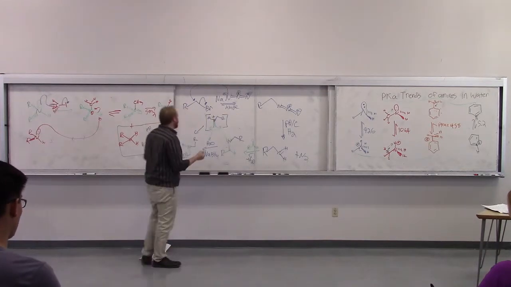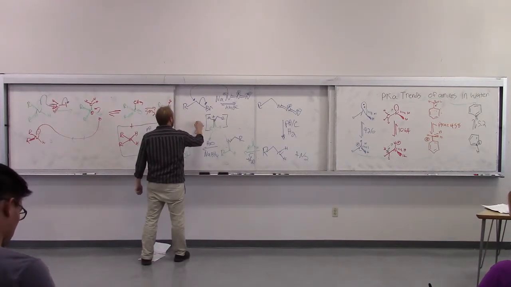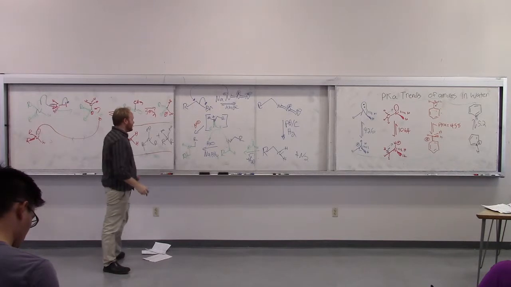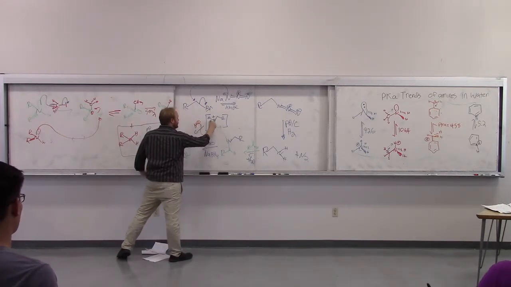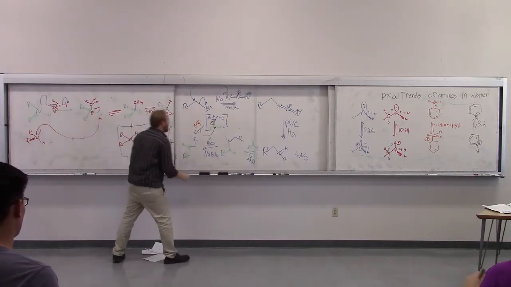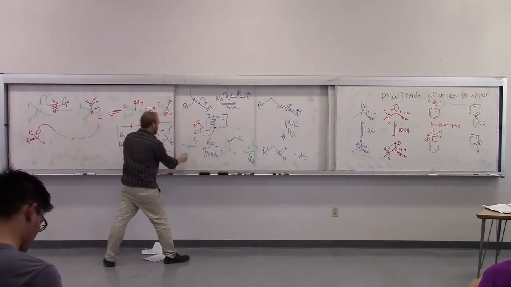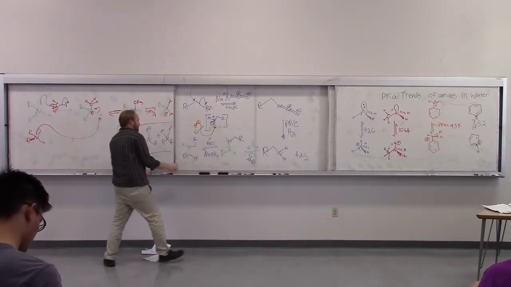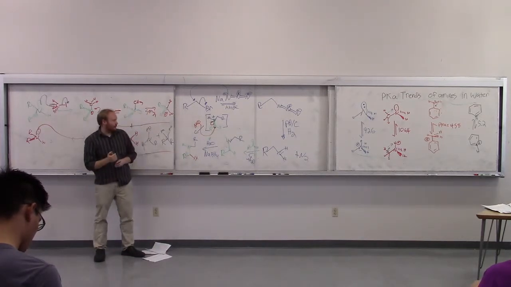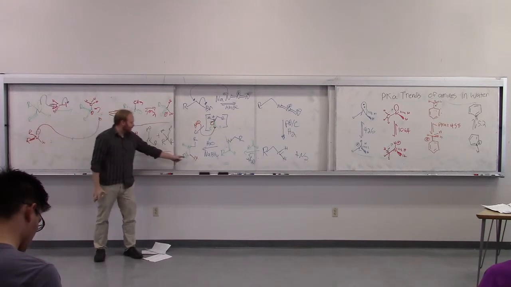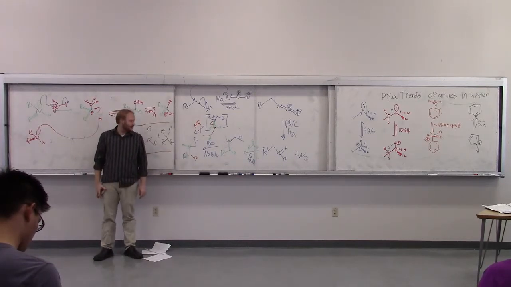And then you can take your H minus source, so sodium borohydride, and it's just going to add into your iminium. So the hydrogen from the sodium borohydride will be on what was the aldehyde carbonyl carbon to give us our secondary amine.